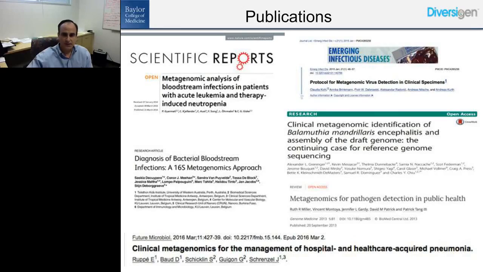If you do a literature search, you'll see an ever-increasing number of researchers conducting metagenomic studies with a clinical endpoint. When I first gave this talk, I struggled to get a couple of articles on the slide, and now we can fill up many, many slides with the number of studies being conducted with these endpoints.